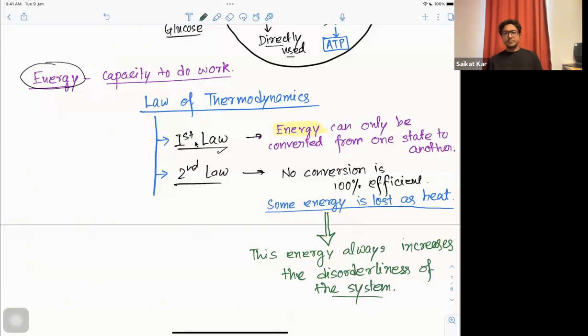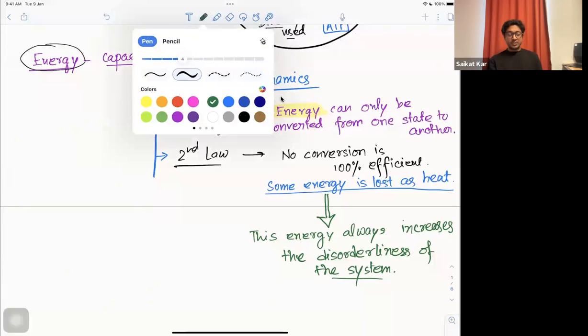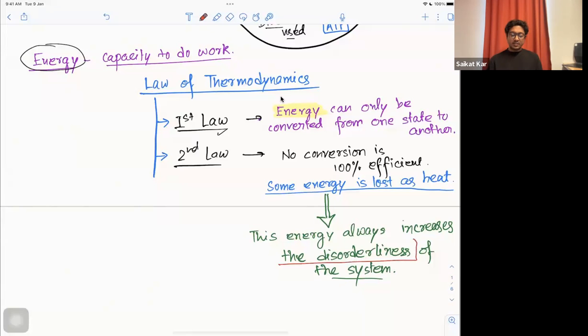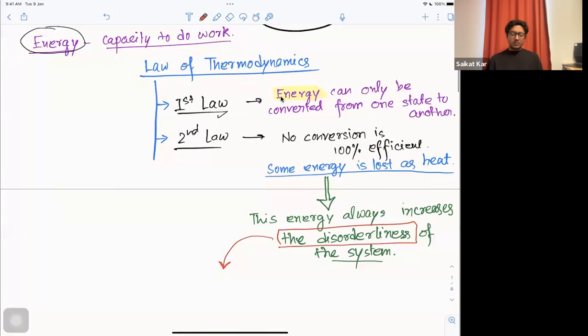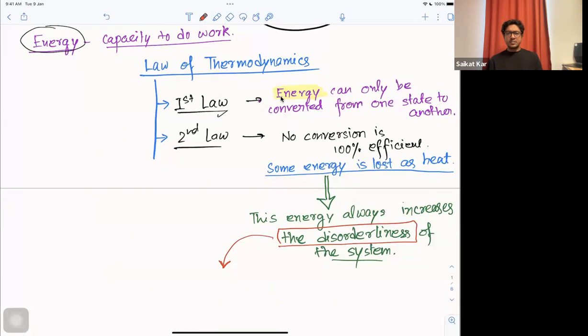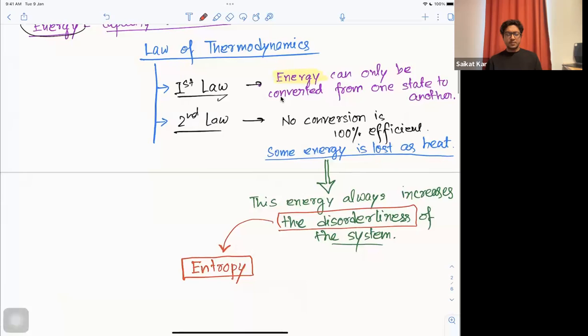So any system, its disorderness will increase. Now in chemistry, there is a term associated with this disorderliness, and the measurement of disorderness is called entropy. Entropy is a term that comes from the second law of thermodynamics. So we will be dealing with entropy.